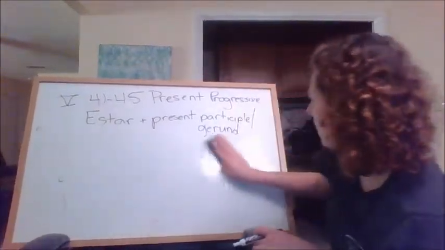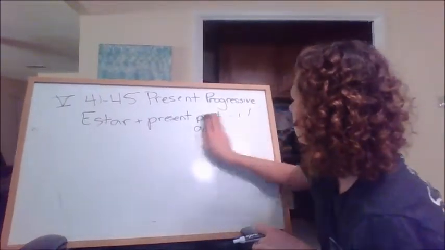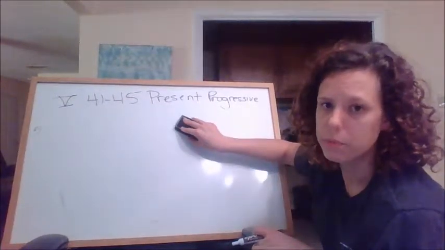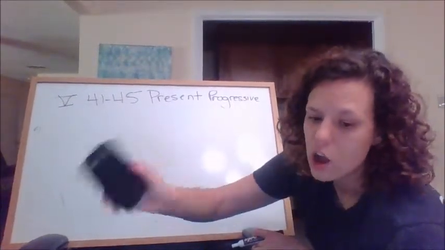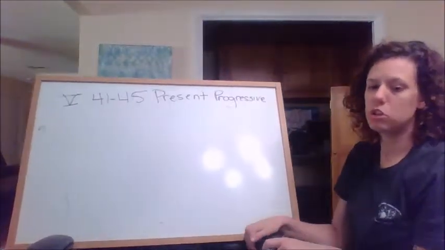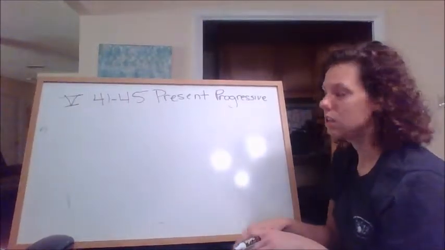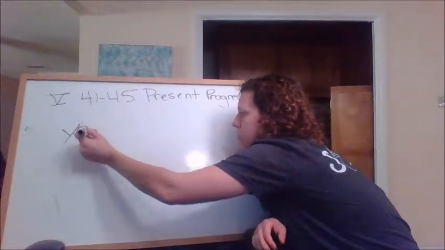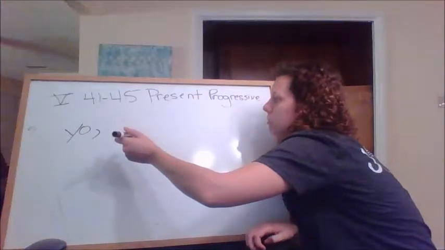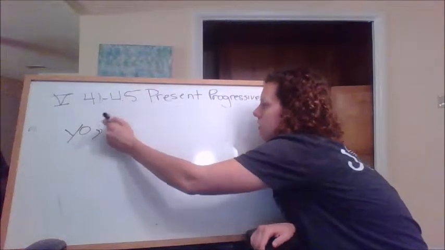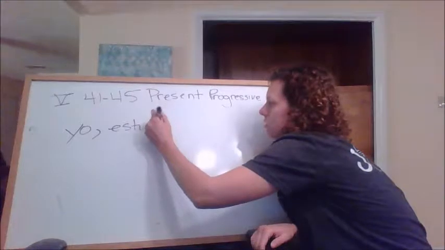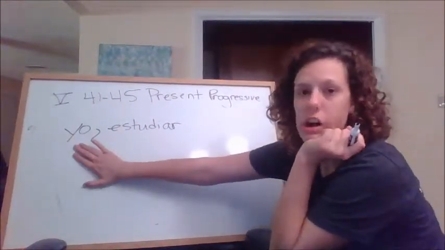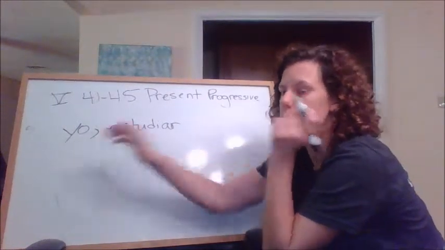If you had something like, because on the test, I'm not going to say estar plus the present participle. The directions say, form the present progressive based on the subject and the verb given, and that's all it says. Then there is a subject pronoun and a verb. Okay. All right. So my subject, conjugate estar based on the subject.